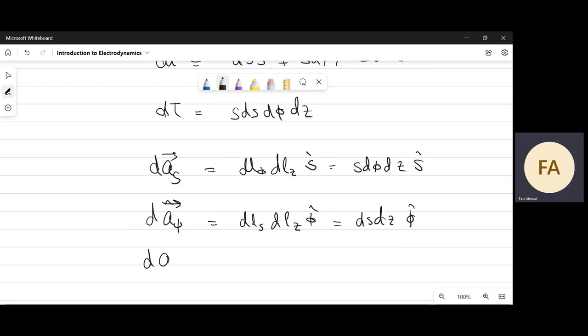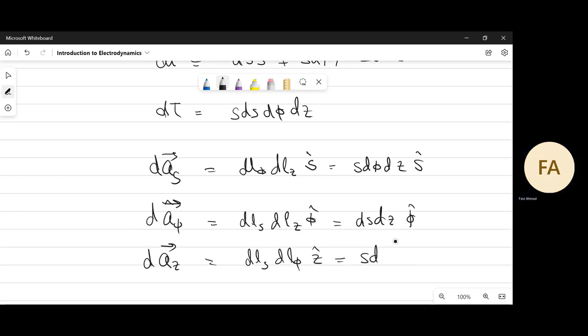And daz will be dls dl phi z unit vector, which is s ds d phi z unit vector.